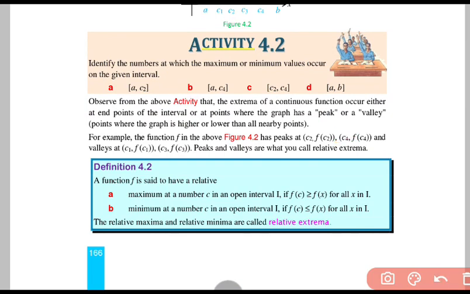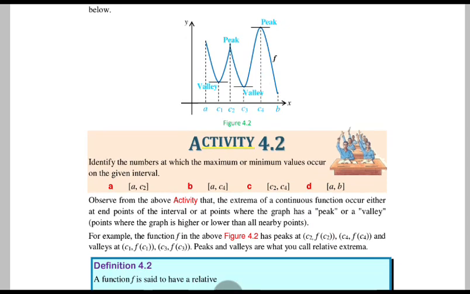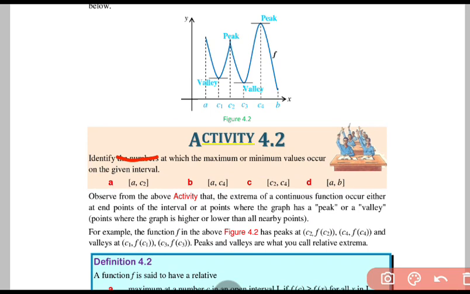This is it. So we see that the value is big because this is big. Okay, c2 is where? c2 is here. f of c2 is here, because when c is on the x-axis, y equals f of x.